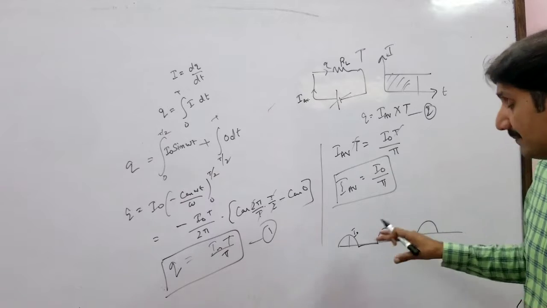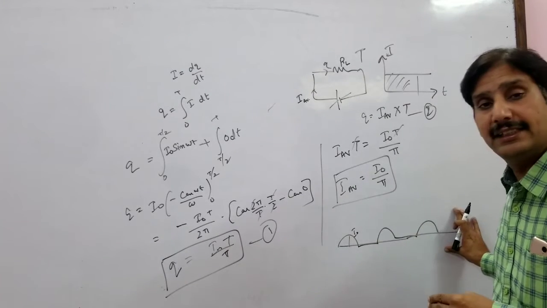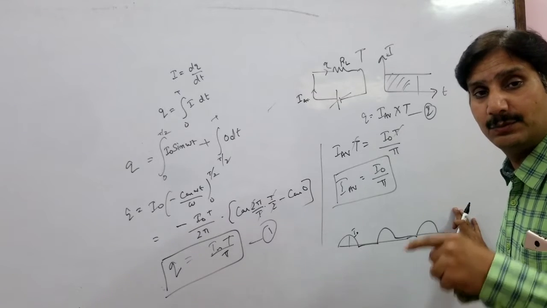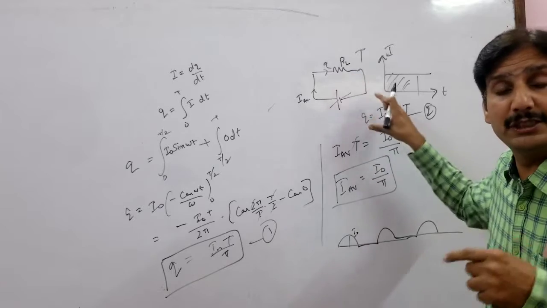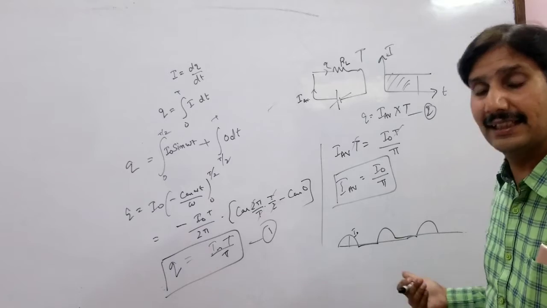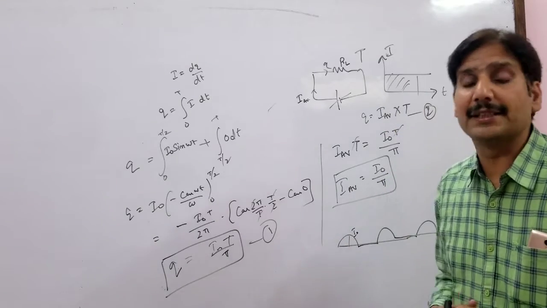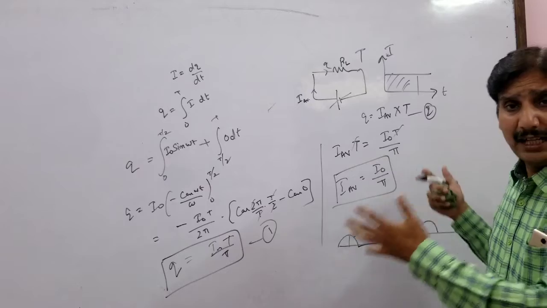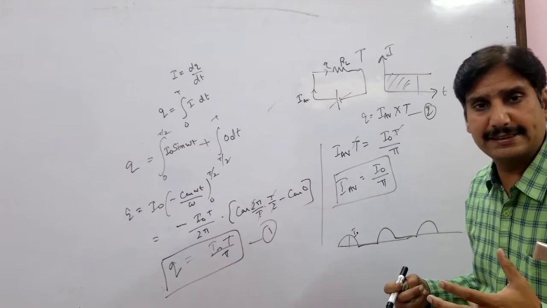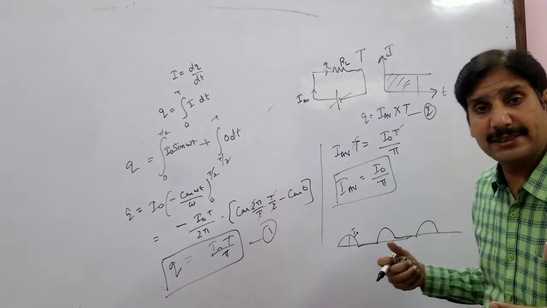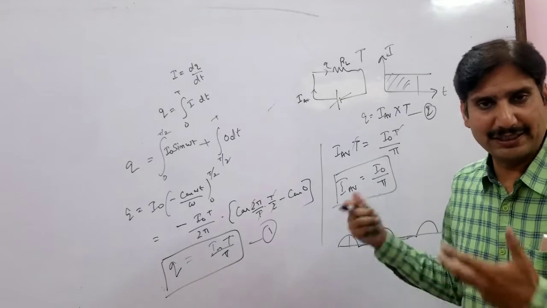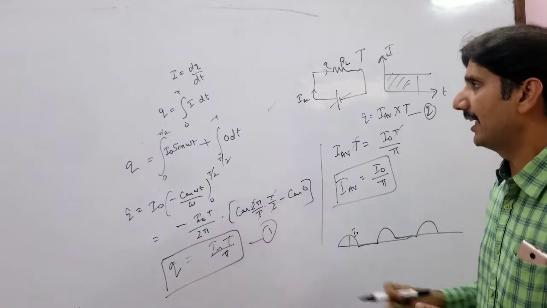So in the average value of a particular signal, what we do is we equate the charges sent through the same resistor, and in the RMS value what we do is we equate the heat produced in the resistor by the two. So let's proceed with the RMS value.